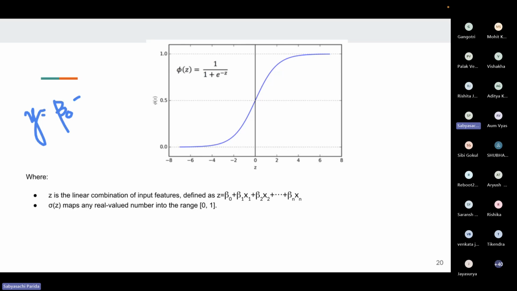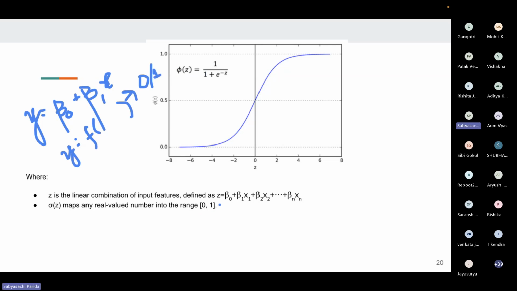If I want to do the same thing for a logistic regression, the y is not this, but y is a function of this, so that based on my values, the output can either be 0 or 1.